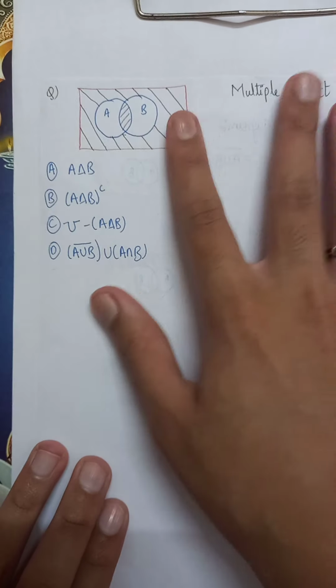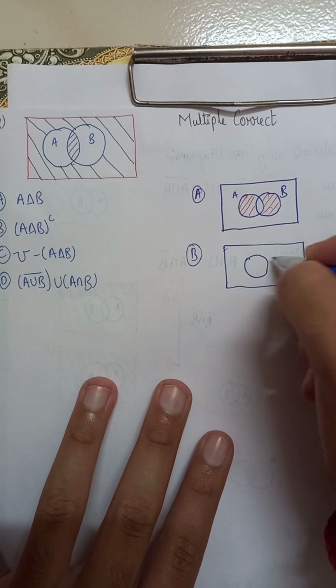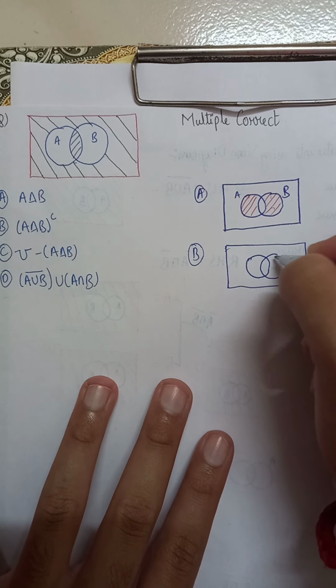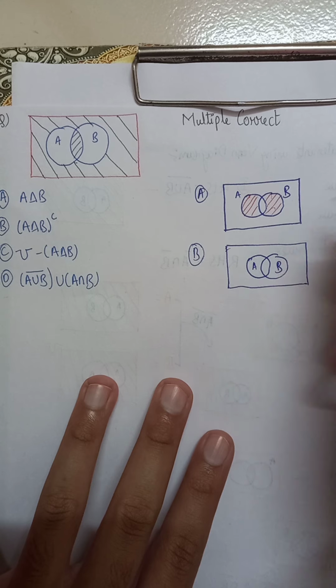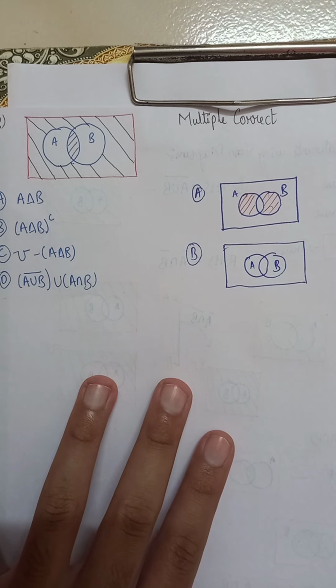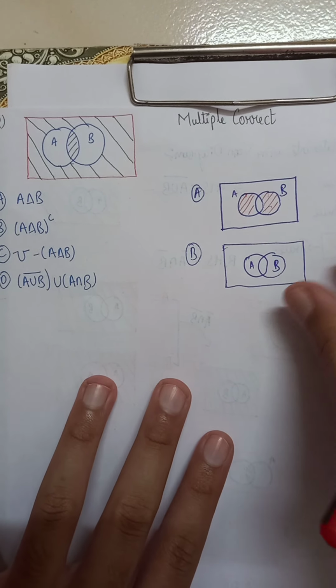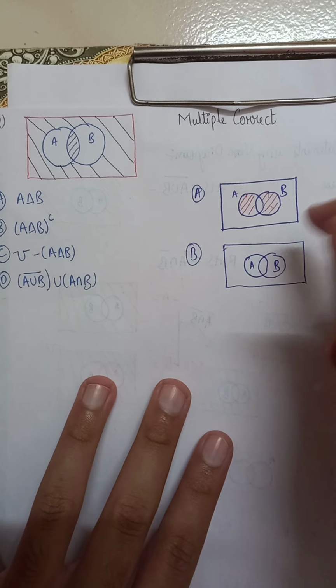But in option B, you see it's the symmetric difference of A and B, complemented. So we draw set A and set B. Complement means just subtracting it from the universal set.